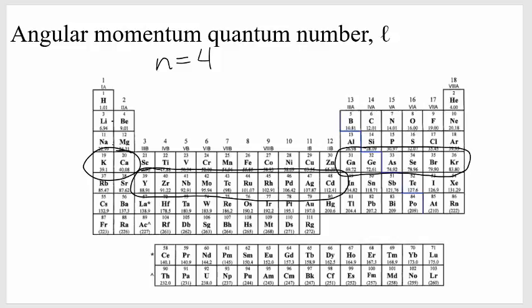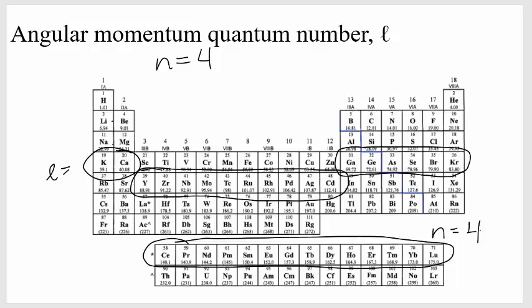And then the inner transition metals, the very top row of those elements, would also have an n value of 4. But these all have different L values. Here we have L of 0 for potassium and calcium. We have an L of 1 for gallium, germanium, all the way to krypton.